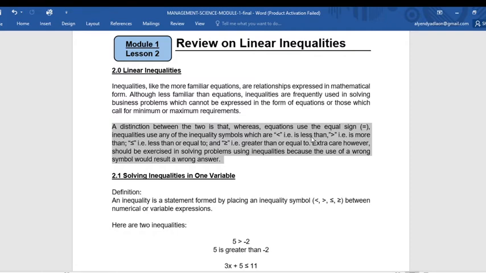So you should take note of the rules in solving inequalities. Now let us start with solving inequalities in one variable.